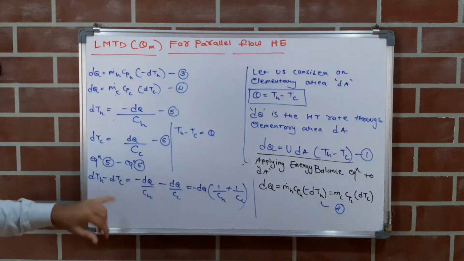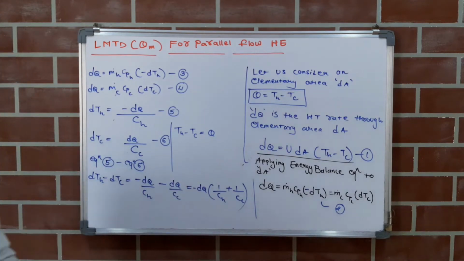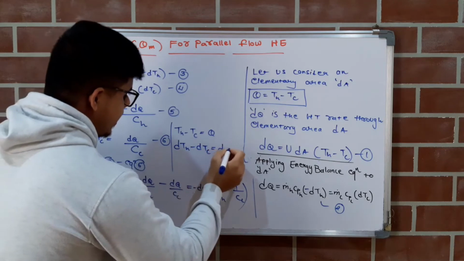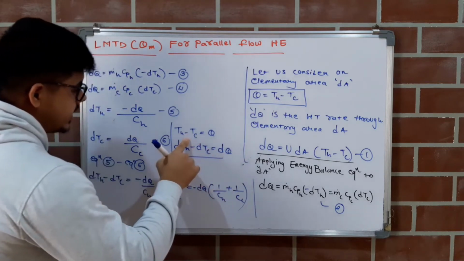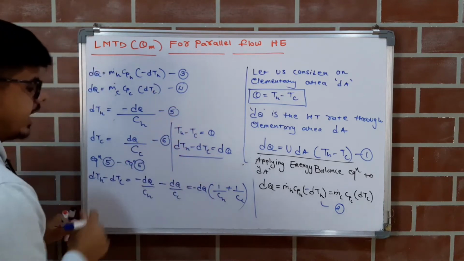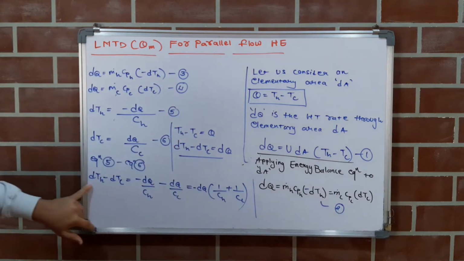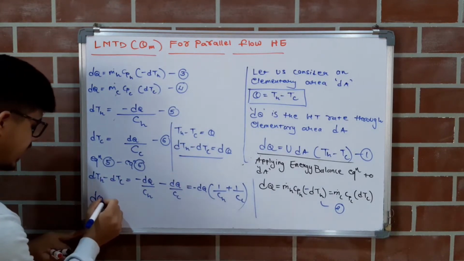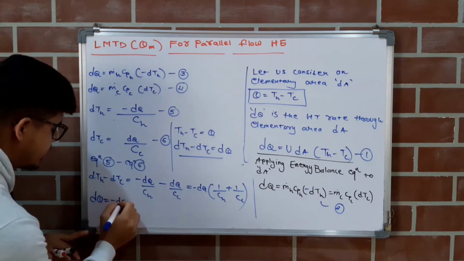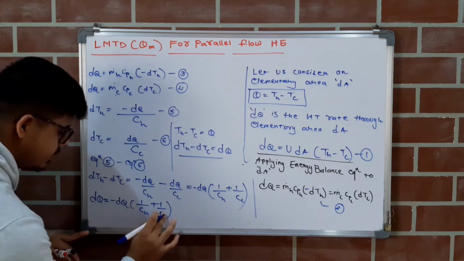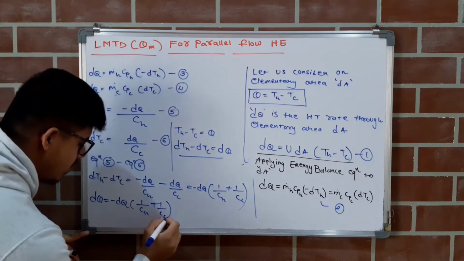Then what about dTh minus dTc? dTh minus dTc can be d theta. As Th minus Tc is theta, dTh minus dTc is equal to d theta. So I will replace dTh minus dTc with d theta. So d theta is equal to minus dQ into 1 upon Ch plus 1 upon Cc.